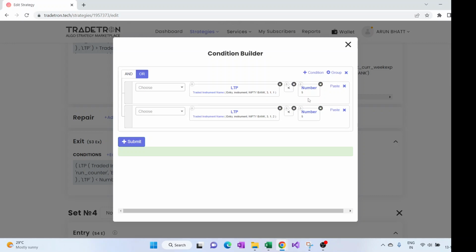So I'm not using trailing, but I'm using this to make sure that if it drops below 5, we are not continuing with the strategy. So this is an exit for that particular set. If any of the ITM1 options reaches below 5, it will exit that set.